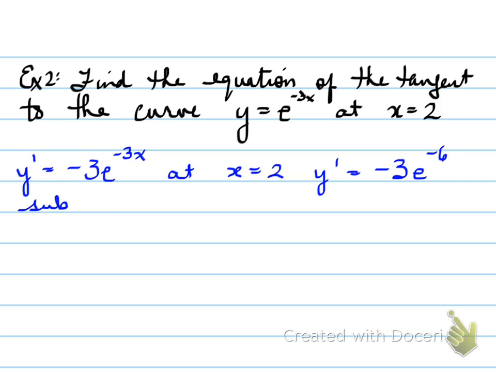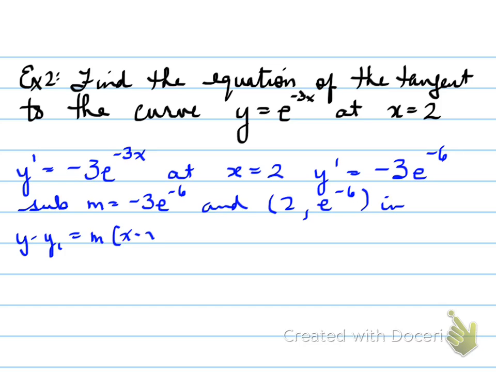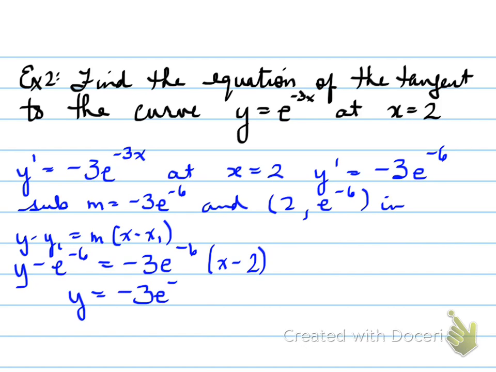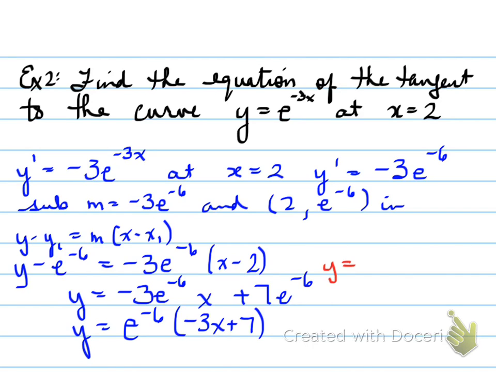Then you sub the slope and a point into the equation, and you end up with an equation that looks like this. Common factor e to the negative 6, and what that gives you is this value. This is the equation of the tangent line.